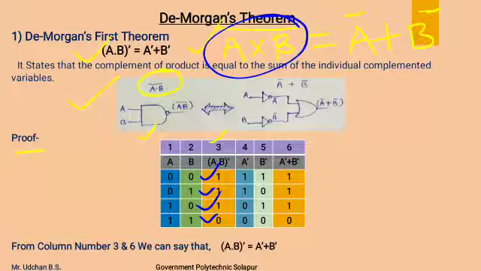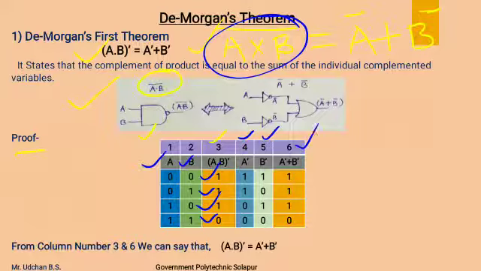Now in the fourth column and in the fifth column, the values of A complement and the values of B complement are written, that is values of A are 0 0 1 1, so values of A complement will be 1 1 0 0. Values of B are 0 1 0 1, values of B complement will be 1 0 1 0.